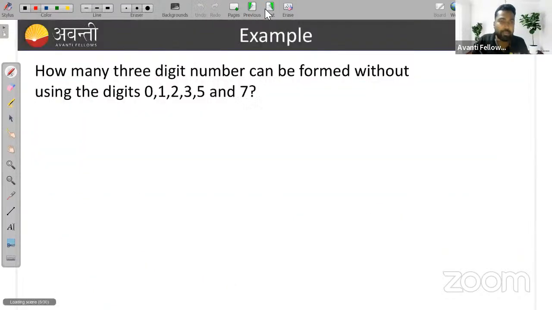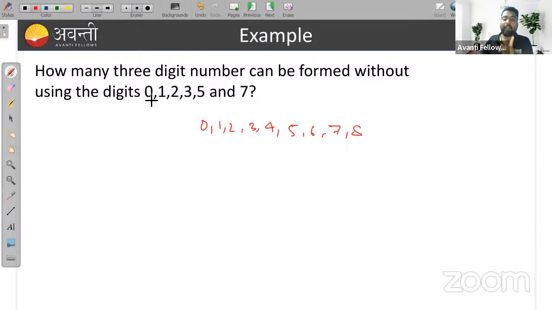Okay, let's move on. One more example. How many 3-digit numbers can be formed without using the digits 0, 1, 2, 3, 4, 5, 7? The total digits are 0, 1, 2, 3, 4, 5, 6, 7, 8, 9. It says the numbers are formed without using these digits, so we cannot use them.